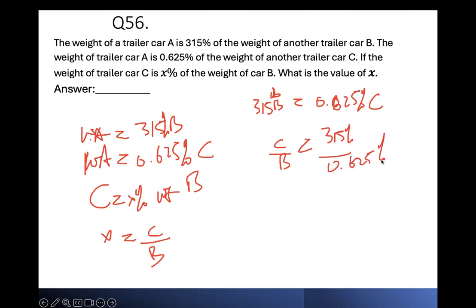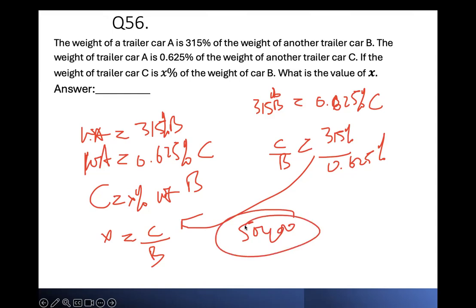That's all. And then you do your calculation because this is equivalent to that. That should give you 50400. That's your answer. A very big number.